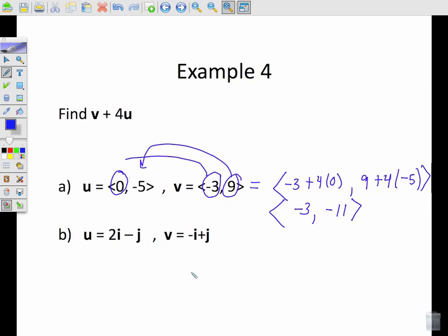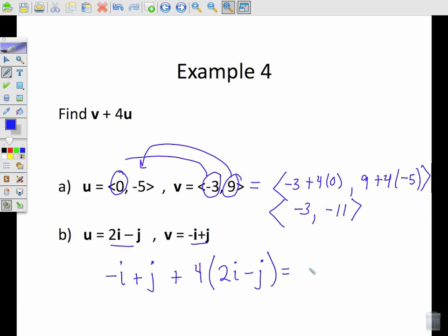All right, if u is equal to 2i minus j and v is equal to negative i plus j, see these are in linear combination form. We can still do this, but I'm going to put my answer in linear combination. So v is negative i plus j plus 4 times u, and I'm going to substitute u in here, 2i minus j.